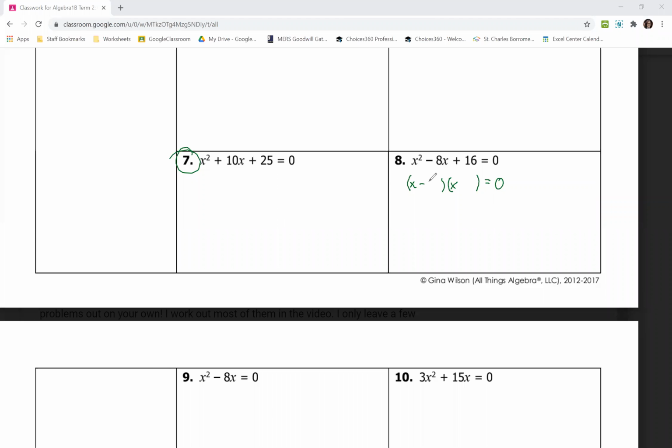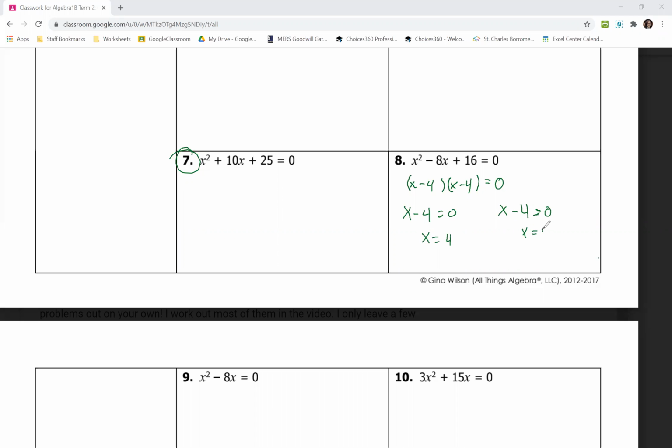I believe that's going to be negative 4 and negative 4. Okay, so set each piece equal to 0. x minus 4 equals 0. Now you see that my factors ended up being the same. So on both factors, we're going to get x equals 4.